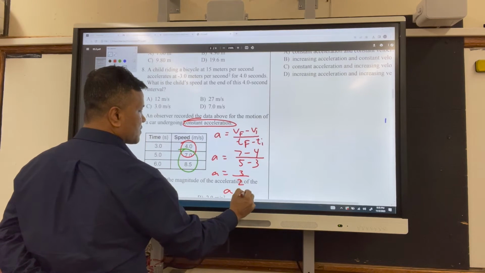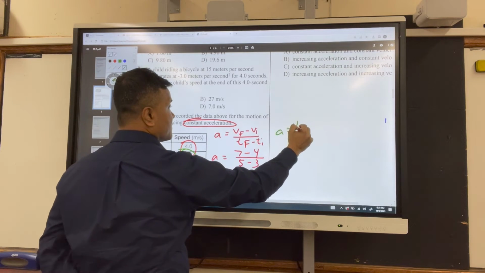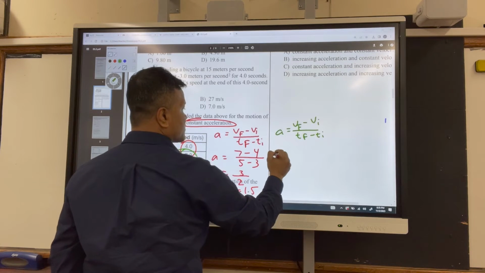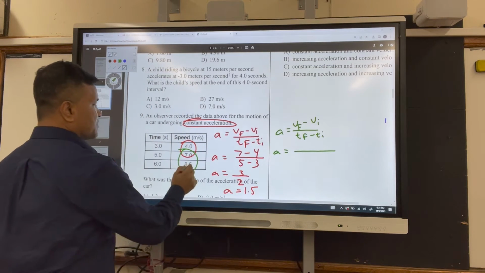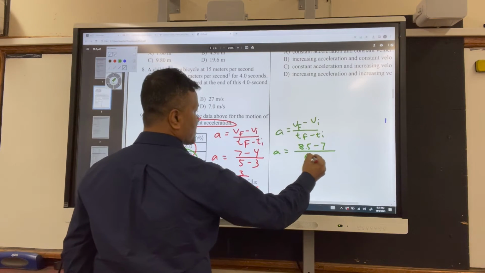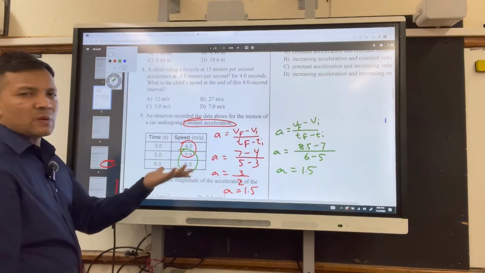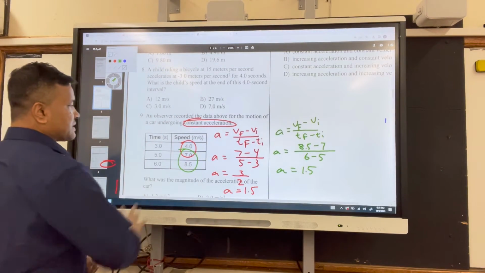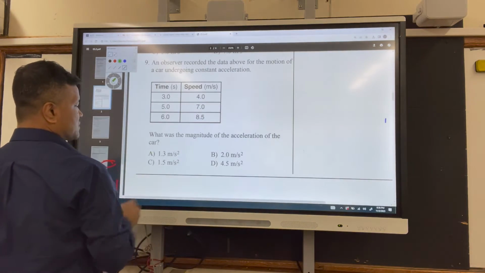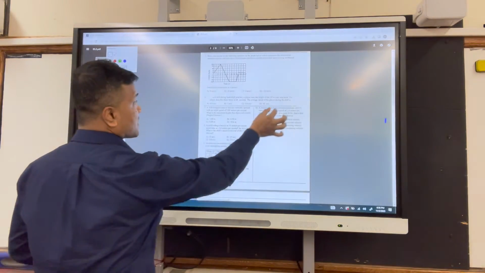So acceleration is 1.5. Let's do the green. Acceleration is Vf minus Vi over Tf minus Ti. So acceleration is 8.5 minus 7 over 6 minus 5. So acceleration is 1.5. So no matter how you do it, you get the same acceleration, which is 1.5. Okay, good. I'm sure 1.5 is in the answer choices, but that takes us to problem number 10.